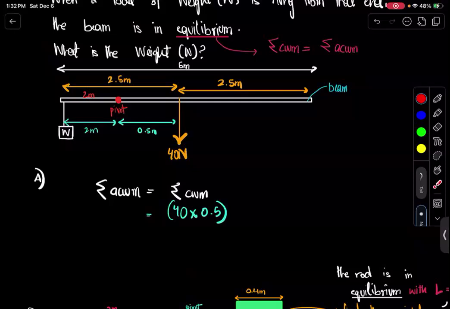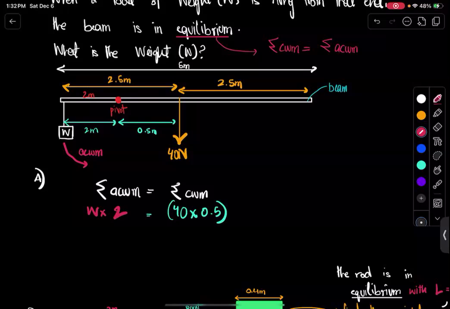Now, what is the anti-clockwise moment? Because the weight makes the bar turn clockwise, you added a supporting weight on the other side to make sure the bar does not fall down. This generates an anti-clockwise moment, which is W multiplied by the distance to the pivot.